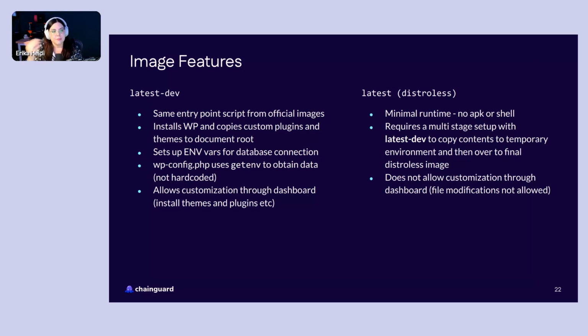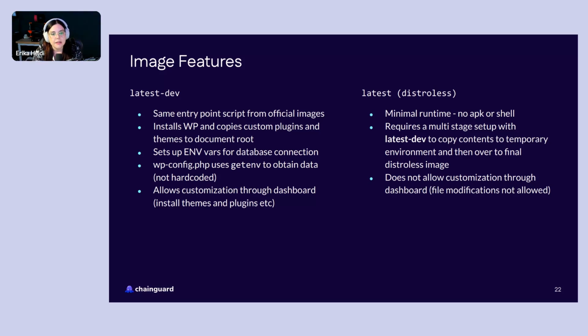So what are the differences and which features do we have? The latest-dev image is very similar to the official images. It also has the same entry point script. It works in the same way.